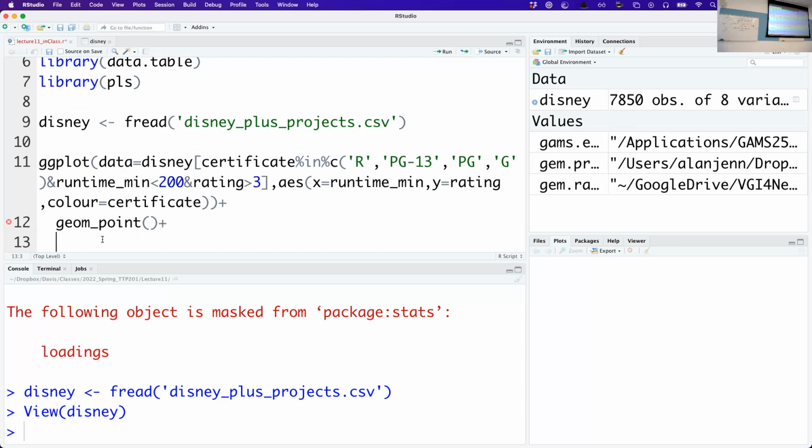I guess I'm going to say certificate for R, PG-13, PG, and G as opposed to rating, because there's also a rating variable that we're using, which is something different, right? That's like its score. Okay.